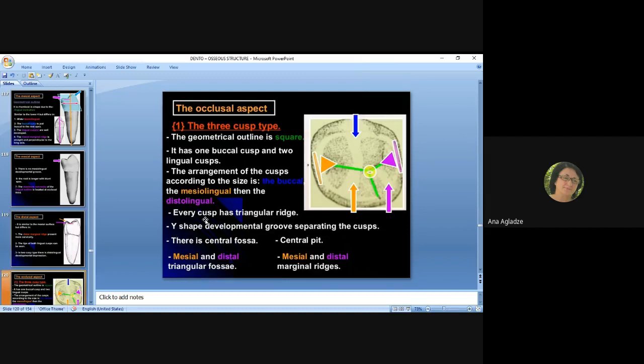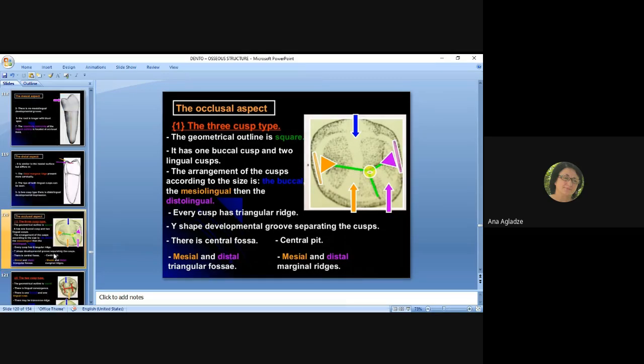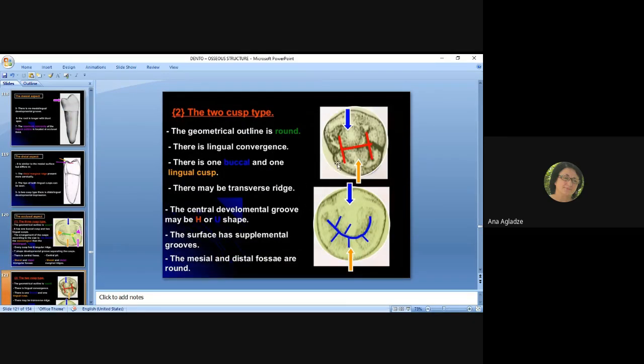And here you can see, this is the occlusal aspect, the two cusp type. There are two cusps, the buccal cusp and the lingual cusp. It makes this central groove and accessory grooves. They make such an H letter form. This is buccal, this is lingual.